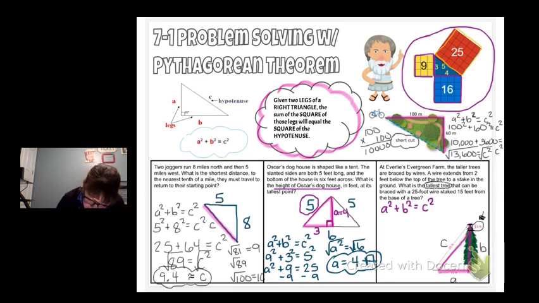And so A is 15, so that's 15 squared plus B squared. We don't know that. That's almost the entire height of the tree. And then C squared, so that's that wire. That's the hypotenuse. So 25 squared.